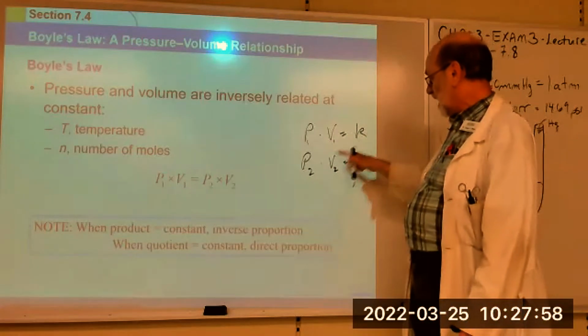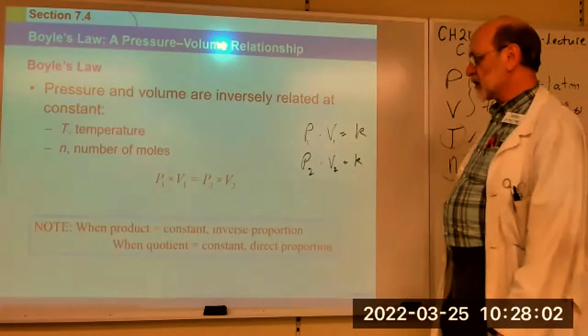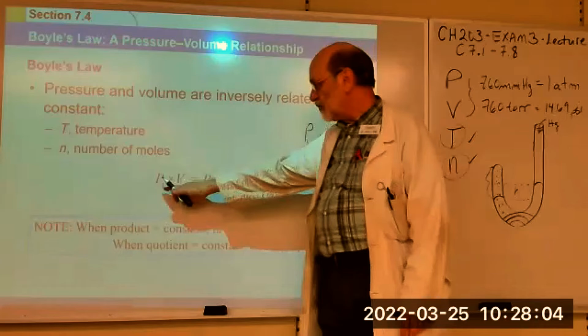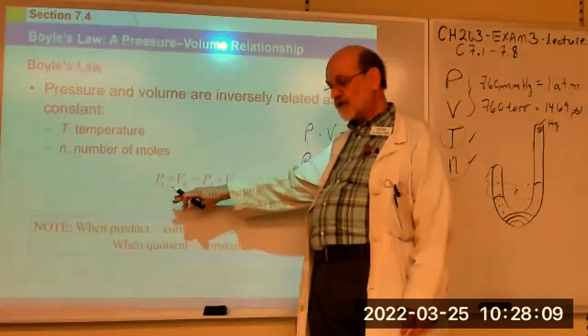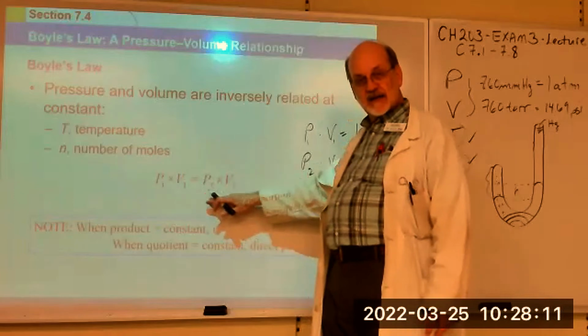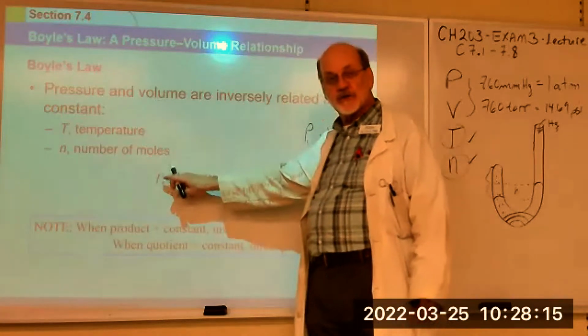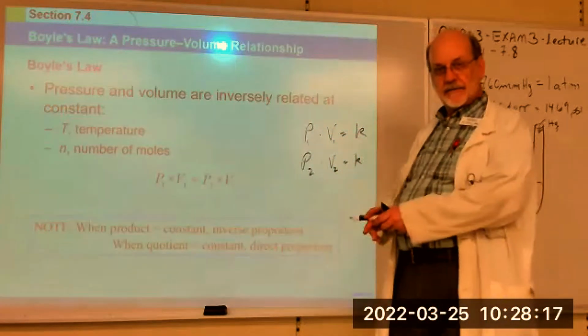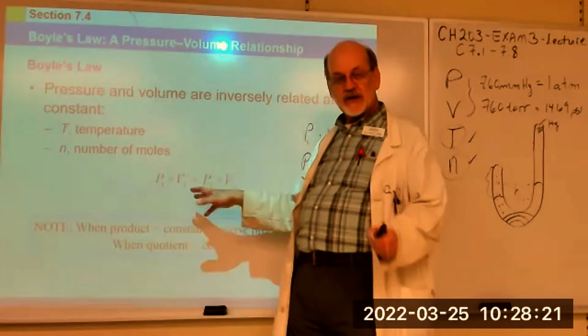If this is equal to K and that's equal to K, then they're equal to each other. So this is the expression we typically use: pressure times volume under one set of conditions for the same gas. If we change one of these, then the product of those two values is equal to the original product. So this relationship says that if you know three of these, you can calculate the fourth one.